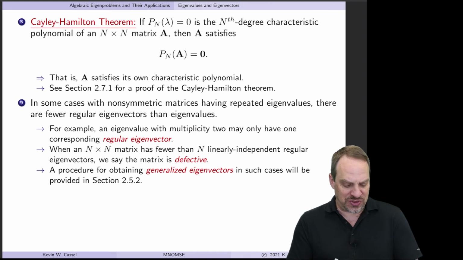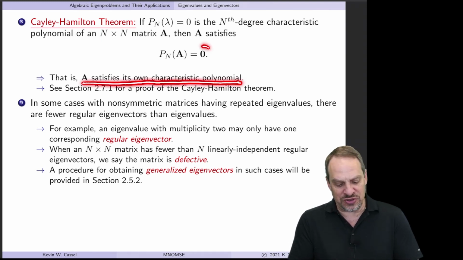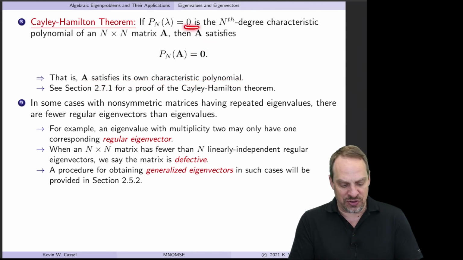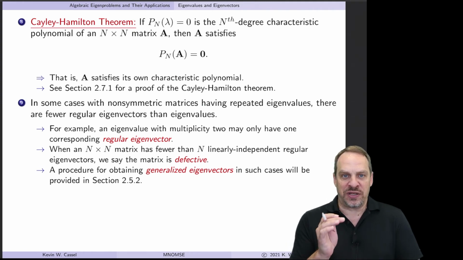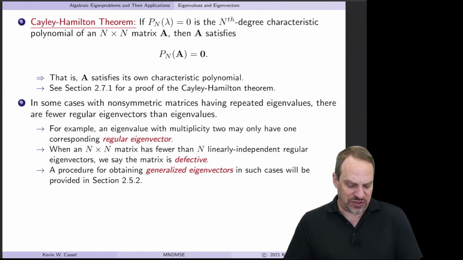So essentially what we're saying is that A satisfies its own characteristic polynomial. Now, of course, you have to trade in a scalar 0 for a zero matrix on the right-hand side of the appropriate size, but it's a very powerful result and allows us to do a lot of interesting things with matrices.